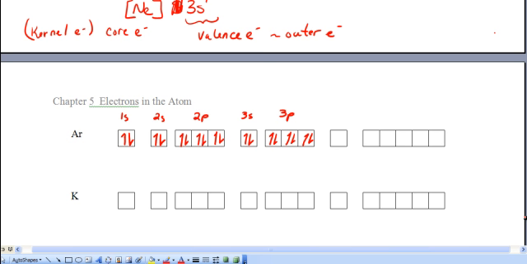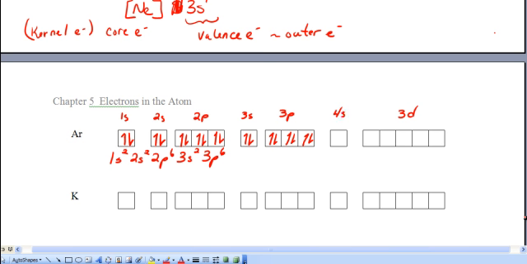It completes the third energy level, and its electron configuration would be 1s2, 2s2, 2p6, 3s2, 3p6. That is the electron configuration for argon. When you move down to potassium, potassium is element number 19. Since the third energy level is filled, now you might say, well, wait a minute, what about the 3d's? We haven't gotten to the 3d's yet. Yeah, I know, the 3d's actually get filled after the 4s.